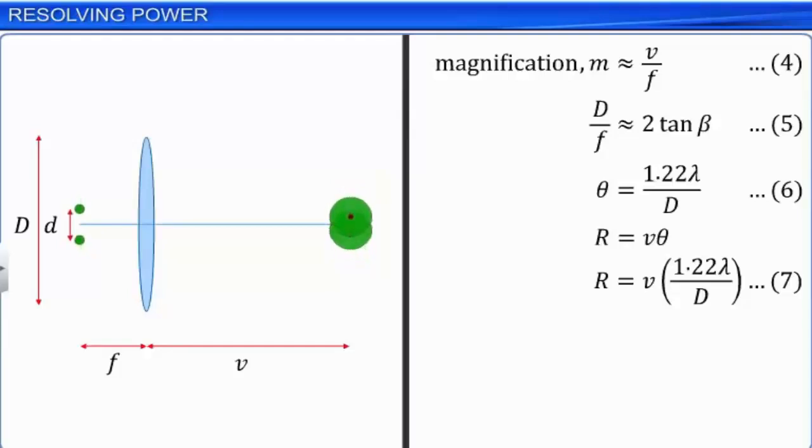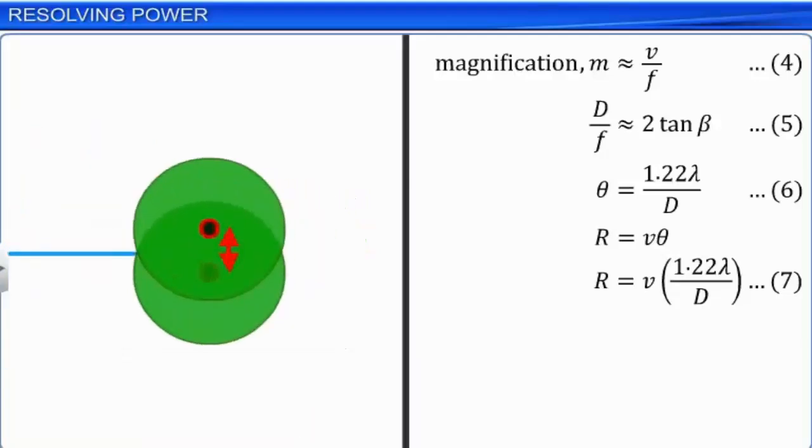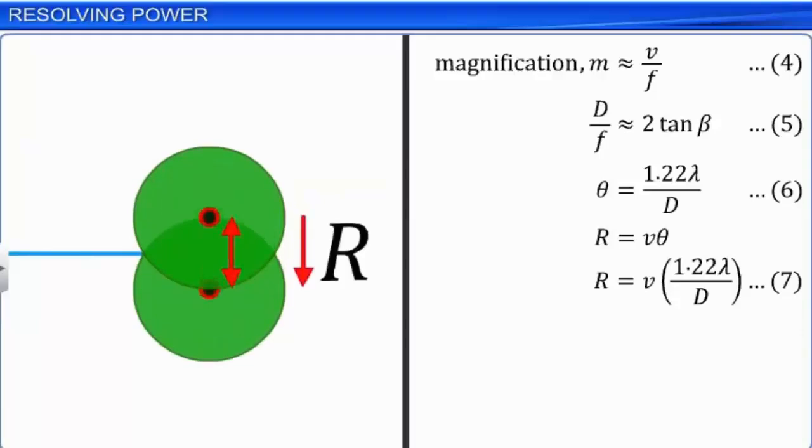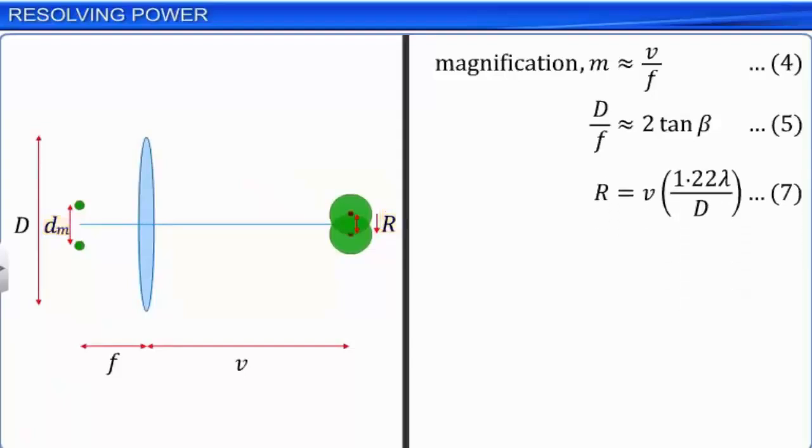If the separation between the two images is less than r, then the images are not resolved. Let dm be the minimum distance between the objects and r be the separation between the images. If m is the magnification, then we can write r is equal to m into dm, or dm is equal to r by m.